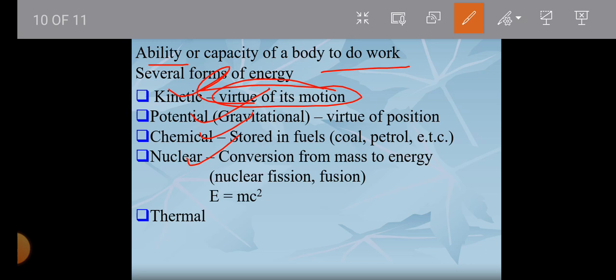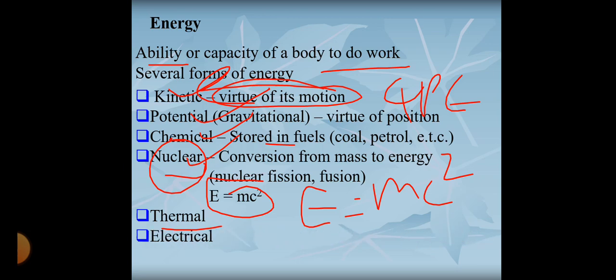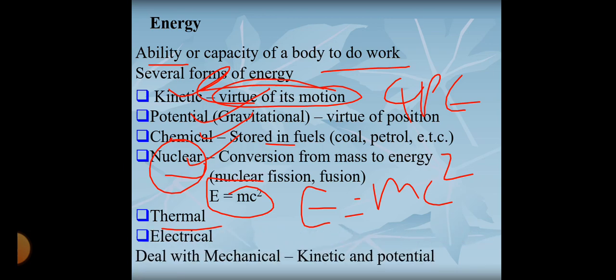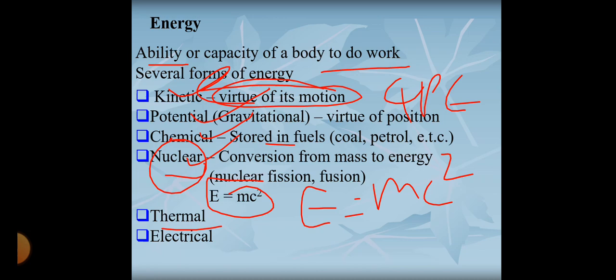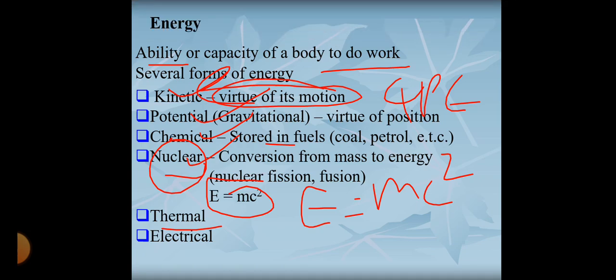We have different types of potential energy: gravitational potential energy, GPE, and chemical potential energy, which is stored as chemical energy. Sometimes we have nuclear energy. According to Albert Einstein, E is equal to mc squared. We also have thermal energy and electrical energy. We are going to deal with mechanical energy, kinetic energy and potential energy in these chapters.